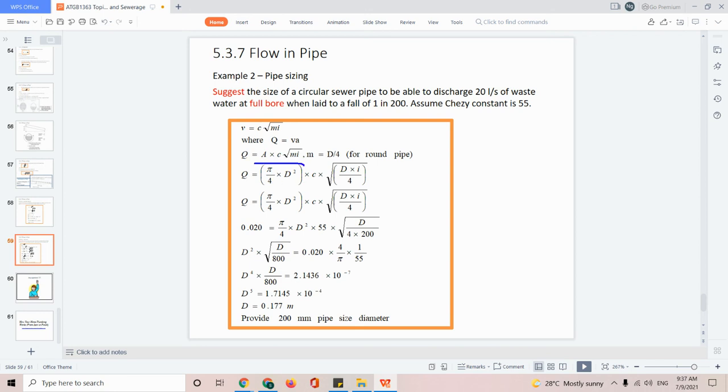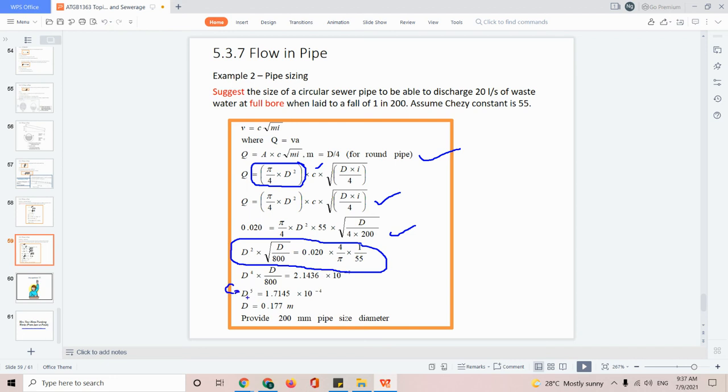This is our area. Our C is a constant, and then we have our M and I. So we expand our M to D over 4, in the case of a round pipe. Then we put in all the values and solve the equation.